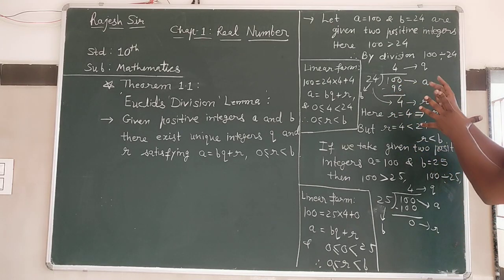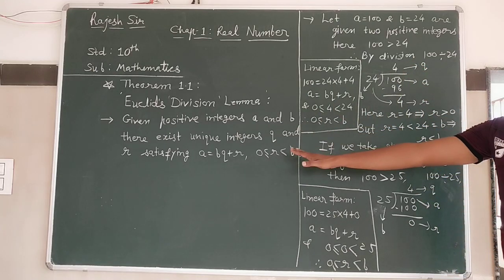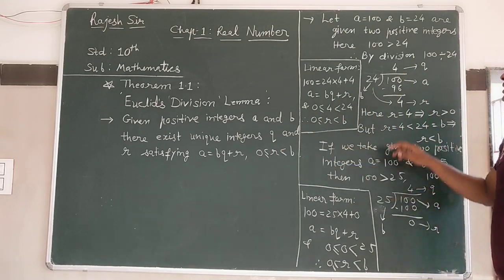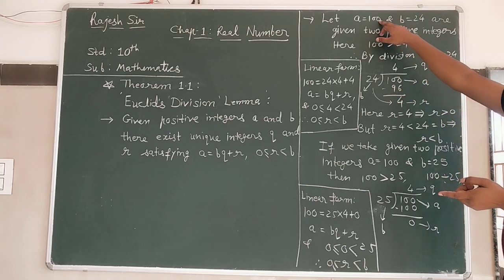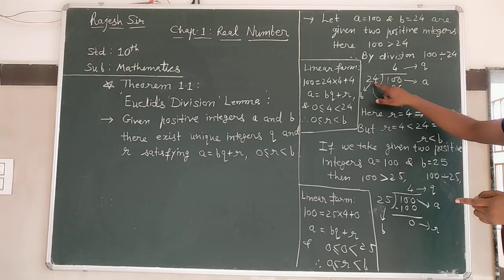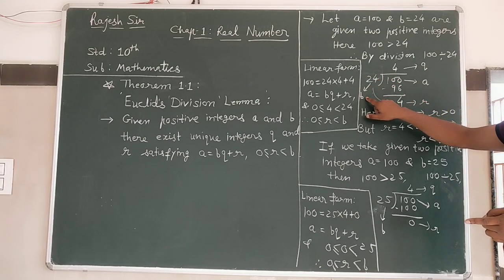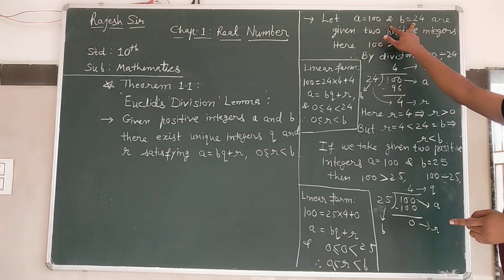Now assign these numbers to get this form. The dividend 100 is denoted by a, the first given number. The divisor, by which we have divided, is denoted by b. These were the two given positive integers.